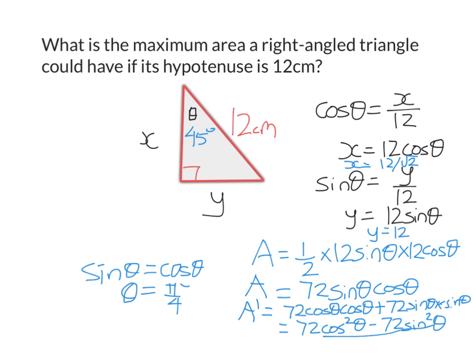It'll be 12 times sine of 45 degrees, which is 12 on root 2. So the maximum possible area will be a half times 12 sine 45 times 12 cos 45. And putting that on calculator, we actually just get 36. So 36 centimeters squared is the maximum area this triangle could have.